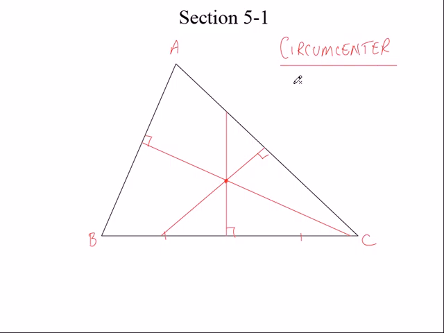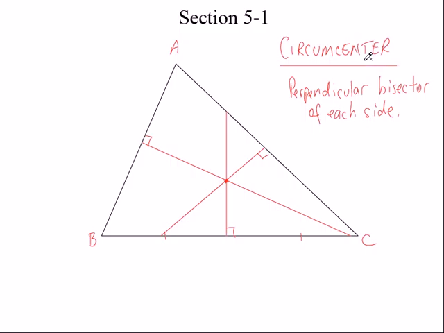We drew the perpendicular bisectors of each side. Write this down because you're going to want to refer to this later on. Perpendicular bisector of each side. Okay, that's how we find the circumcenter. Write that down. That's pretty important.